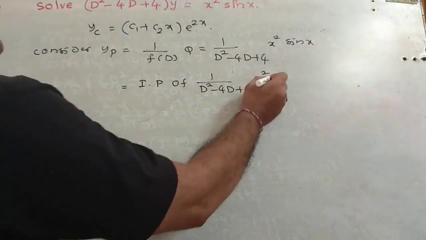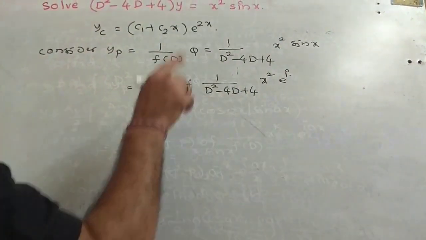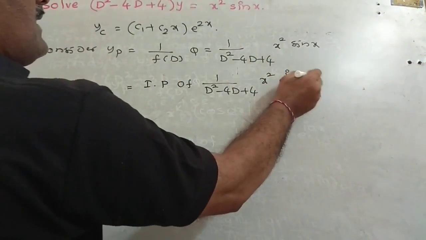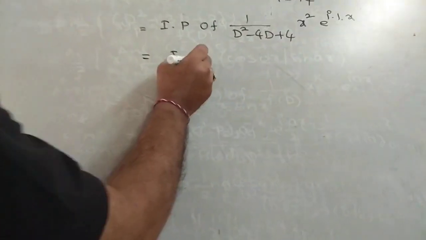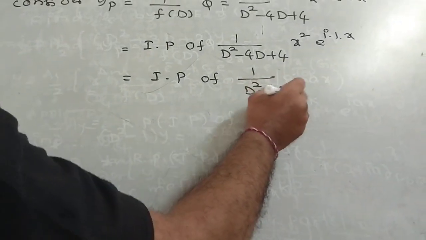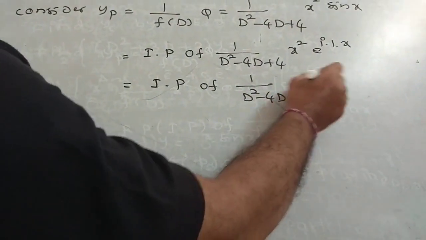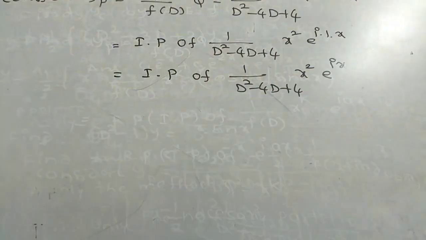In the place of sin x, you write e to the power of i. What is the a value? 1 into x. Now this is the imaginary part of 1 divided by D square minus 4D plus 4, x square into e power i1x, which is nothing but ix.